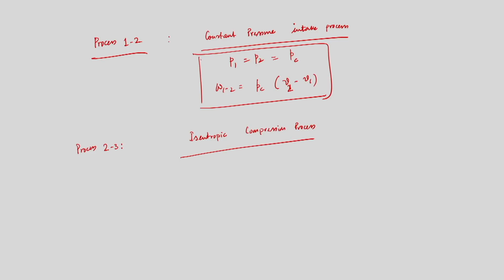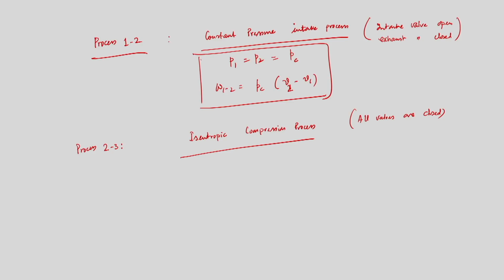All valves are closed, right. In process 1 to 2, the intake valve is open and the exhaust is closed. For process 2 to 3, all valves are closed.